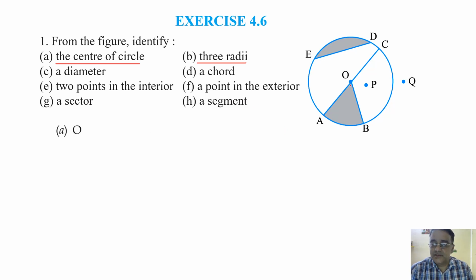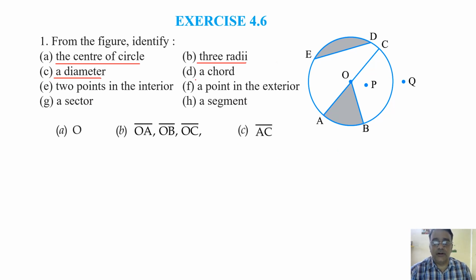So first is OA, OB and OC. In this figure only 3 radii are given, OA, OB, OC. That is a line segment, so I wrote the line segment symbol. Otherwise also it is fine if you do not write. And next is diameter. There is only one diameter here, AC.